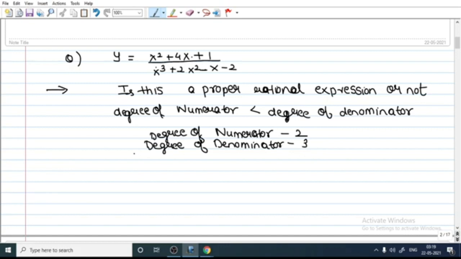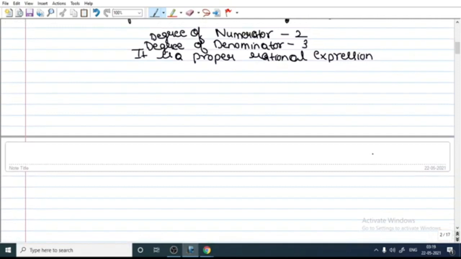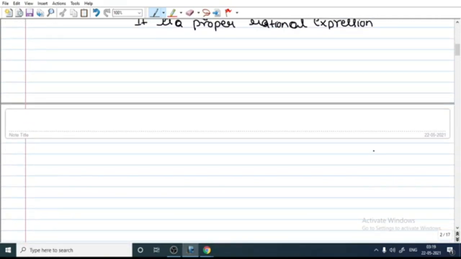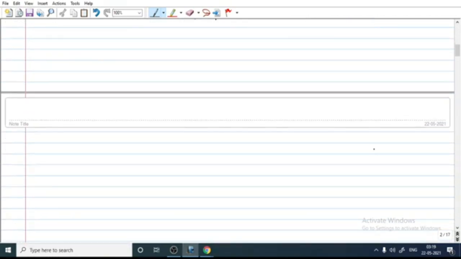So it is a proper rational expression. Now our job is to resolve y into partial fractions.